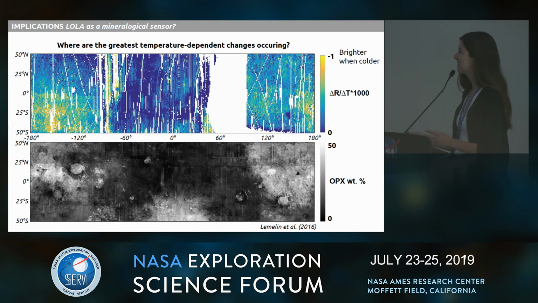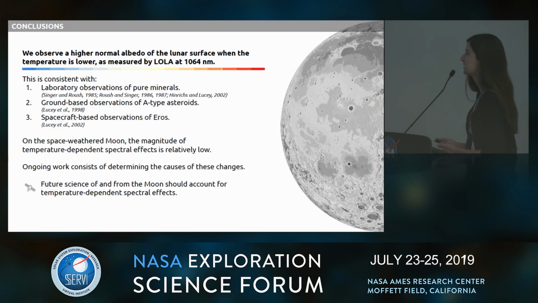Qualitatively, maybe there's some sort of correlation between where we see those larger changes in reflectance and temperature, which again are in yellow, and where we have increased areas of orthopyroxene. But quantifying this relationship is something we're working on now and trying to understand any inherent instrument effects that will also be picked up in this analysis. So that's very much ongoing analysis.